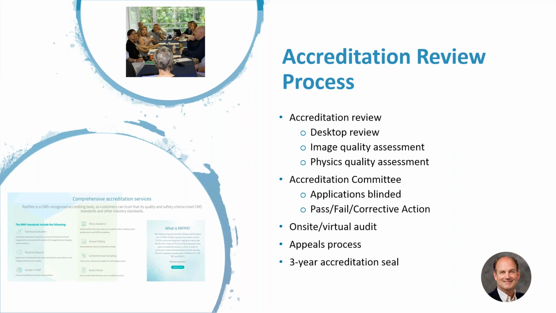For the most part, we are trying to educate you during the application process, so we're pretty good there. We do have an on-site that happens within the 3-year accreditation cycle. There is an appeal process, and as we said, the cycle is 3 years, which is the same as the other organizations.